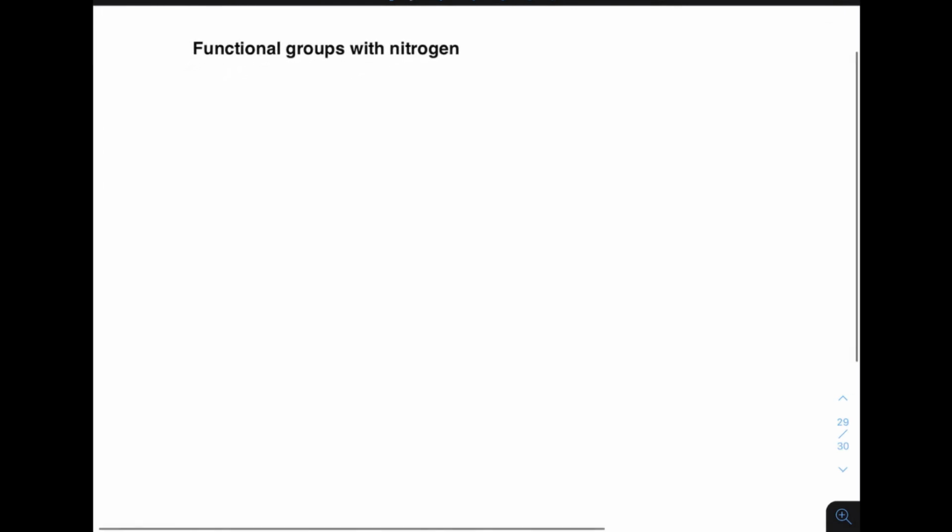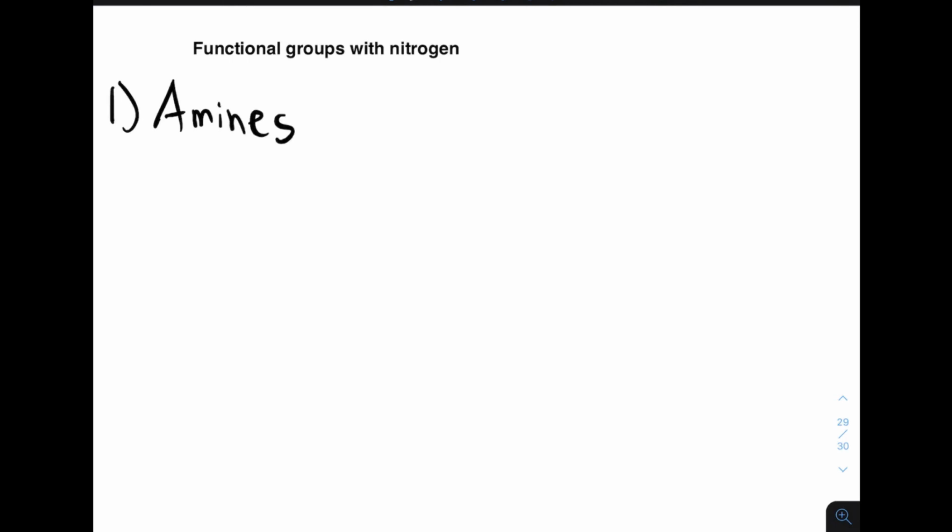And so for the last example of functional groups, we'll talk about things with nitrogens, okay? So first off, we'll talk about amines, okay? And amines are as follows. So anything generally with a nitrogen single bonded to other things.